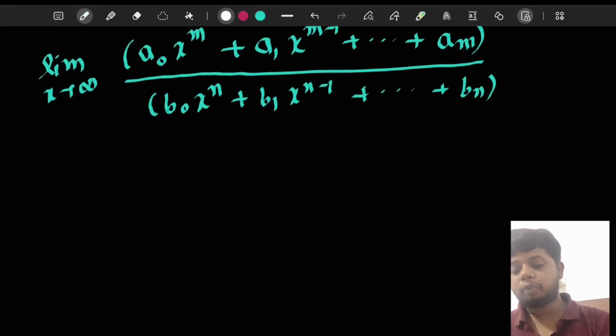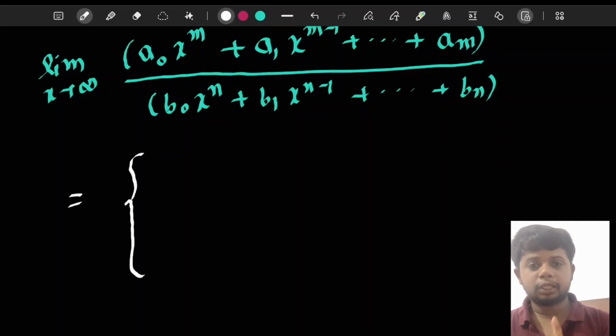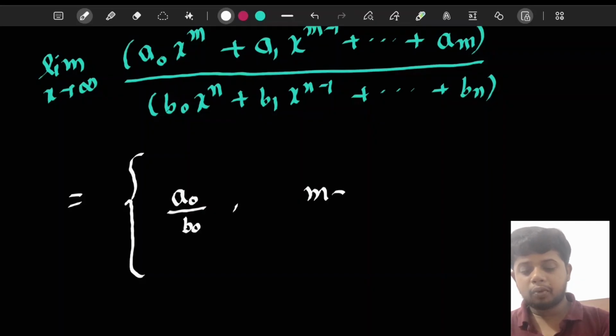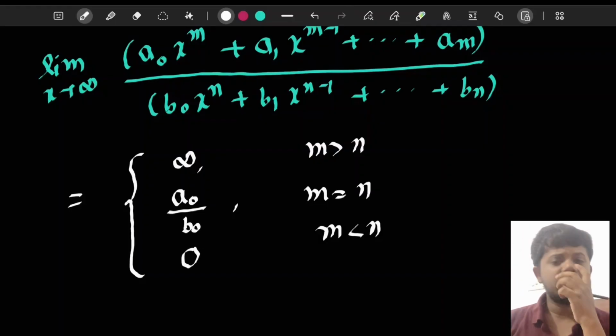Now I'm writing the very important result for you. This answer will come a0 by b0 when m equals n. When m is greater than n, this will become plus infinity, and if m is less than n, then this will come, can you tell me? Yes, 0.